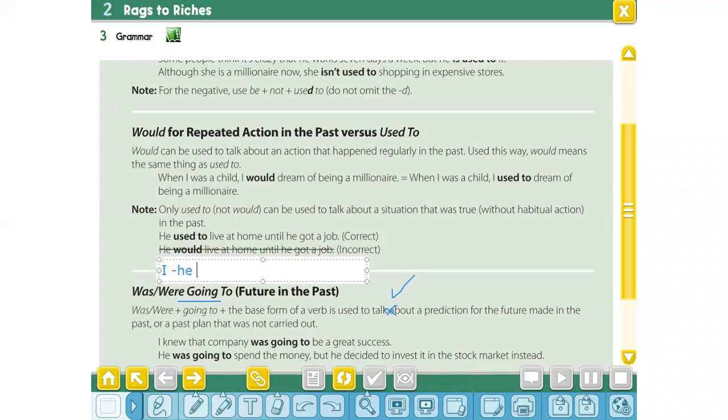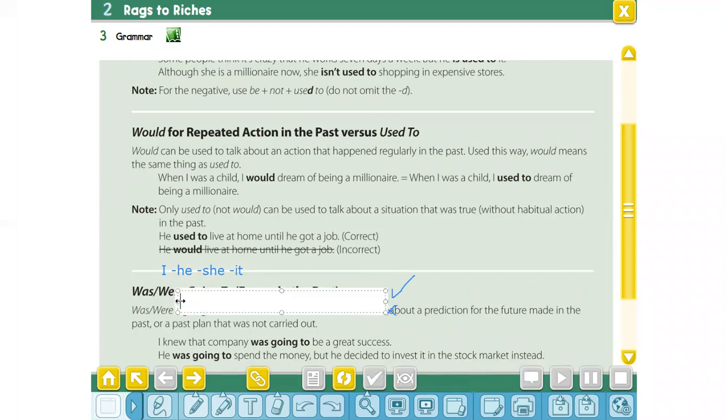What about were? Were, excellent. Were for plural: they, you, we. Okay.